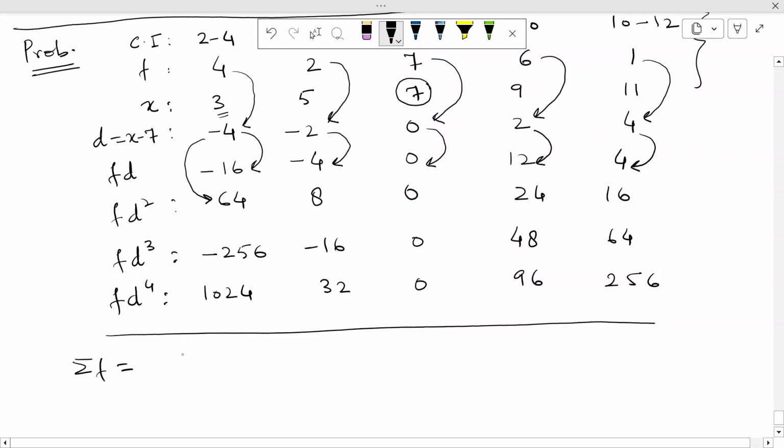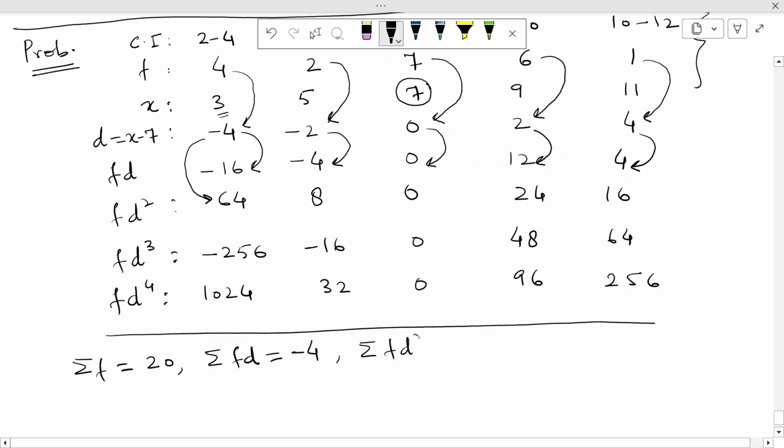So summation f comes out as 20. Next we have summation fd. Because this is not 0 in this case, why? Because we are calculating the deviations from an arbitrary number which may or may not be equal to the exact mean. That is why this summation FD is non-zero.